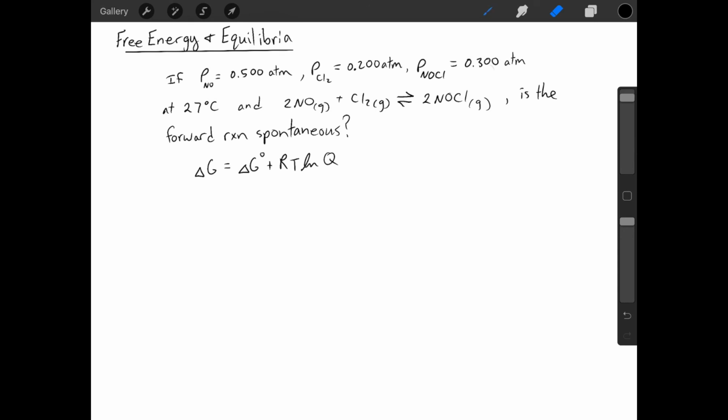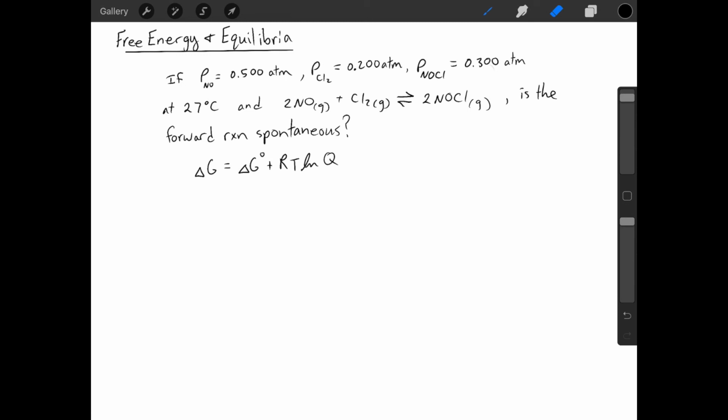Then we can plug all of our values into the expression. Our delta G naught is 4,600 joules. Our R value is 8.314 joules per mole Kelvin. Our temperature is 27 degrees Celsius, but converted into Kelvin, that is 300 Kelvin.